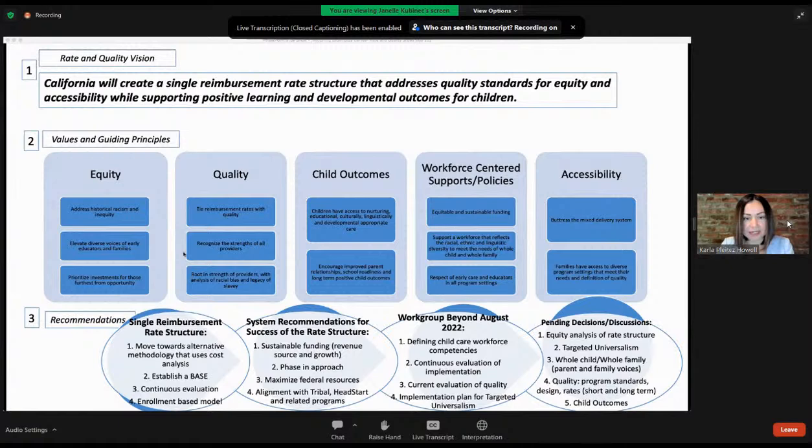And then the recommendations we heard really clear. The statute gives us a task as the work group, and that's to create a single reimbursement rate structure. So we want to make sure we're spending time discussing the base, discussing how the base is quality as we define it.